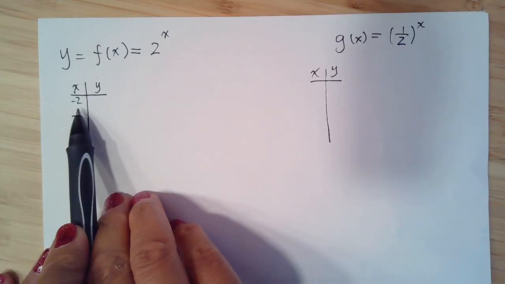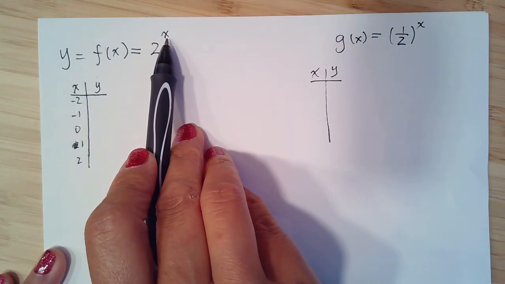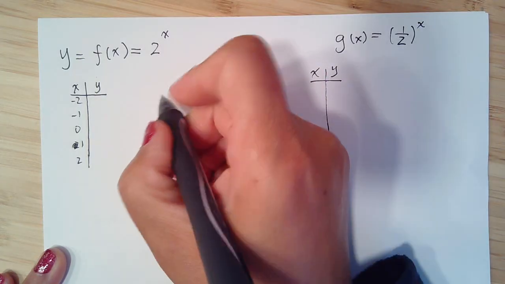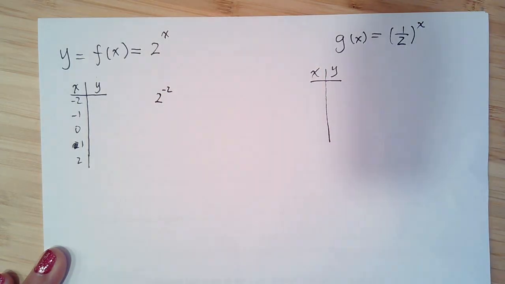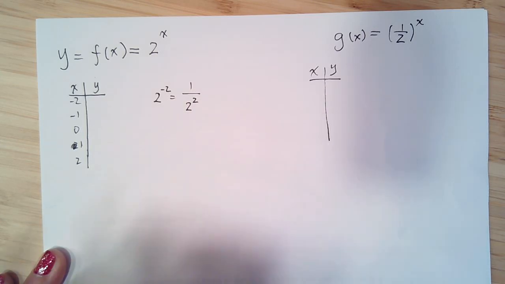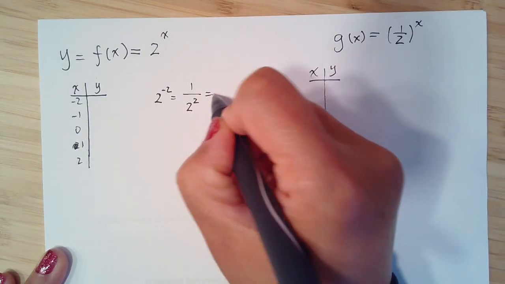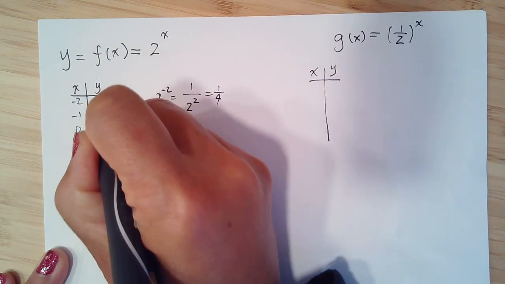When x equals -2, that is 2 to the -2 power, which is 1 over 2 to the 2. If you have a negative exponent, you can just bring that down to the denominator and change the sign to positive. So that is 1/4.